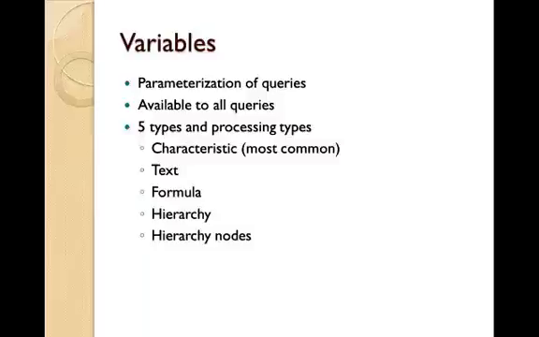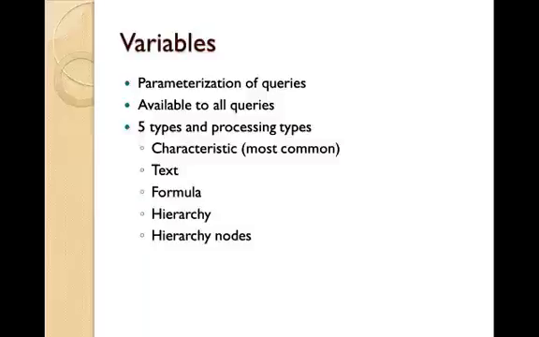So when the query is run, we can input the quarter number, let's say Q1 or Q2, Q3, and so on, and then the query will return the proper result based on whatever quarter number was input. So that's the use of variables in your queries. And again, once variables are defined, they are available to all queries, so they can be reused.